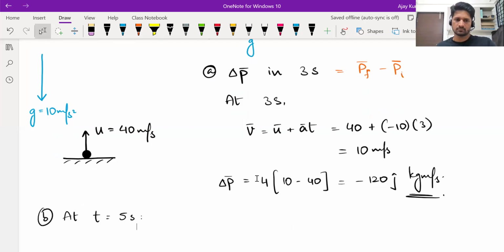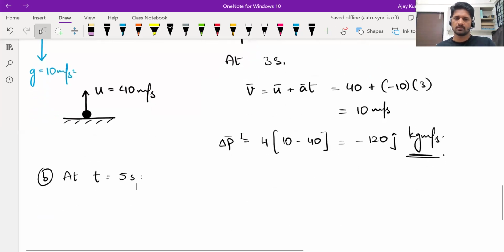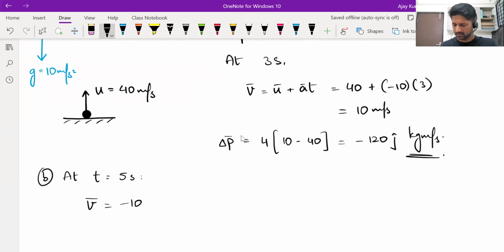Sir, downward 10 meters per second. 10 meter per second downwards. Correct. Again, V is equal to U plus at. You will get the velocity as minus 10 meters per second. And then you can tell its momentum is minus 4 into 10, minus 40 kg meter per second J cap.